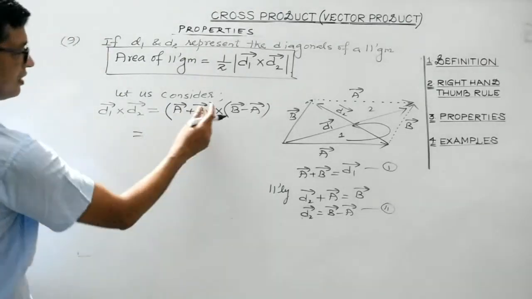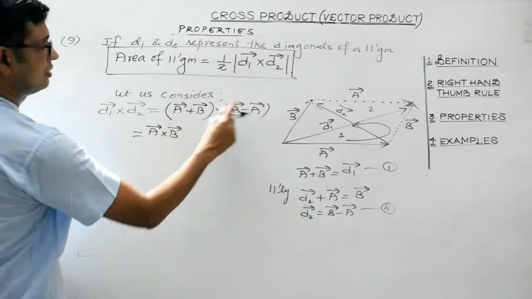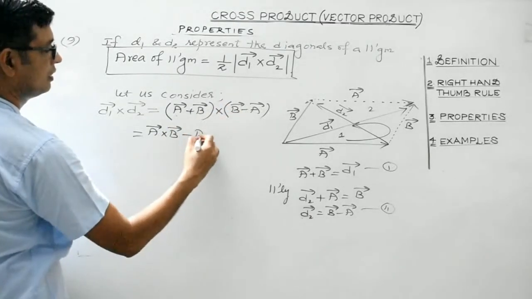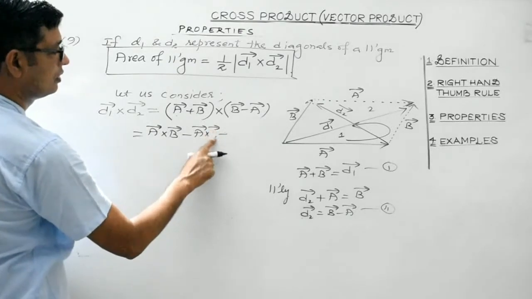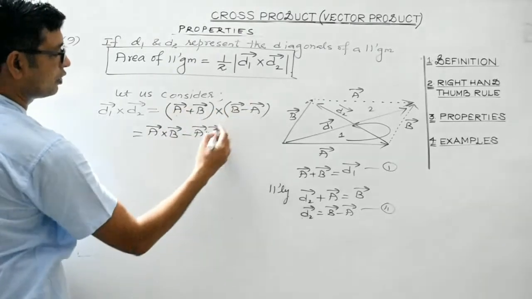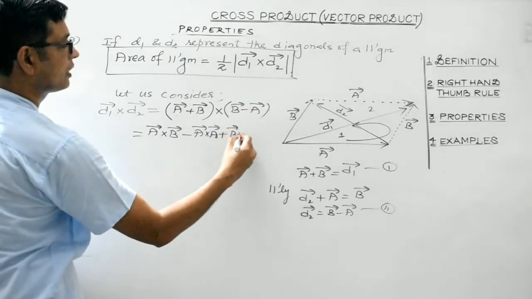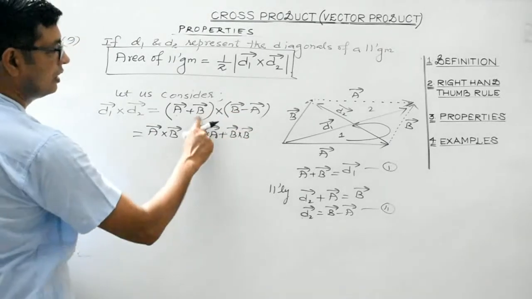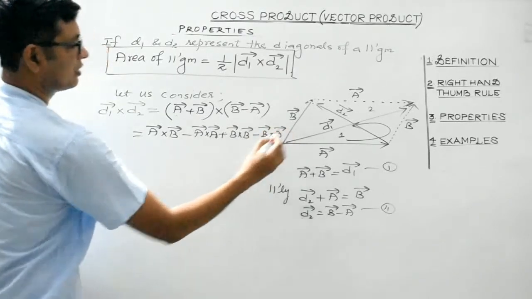So let's solve it. A vector cross b vector minus a vector cross a vector, then plus b vector cross b vector, and then minus b vector cross a vector.